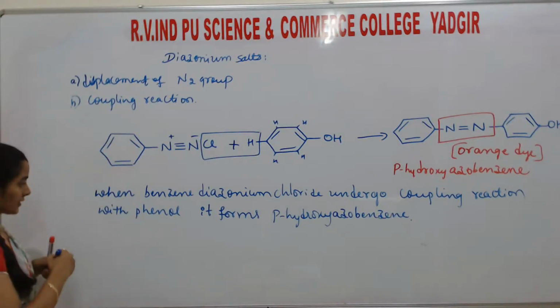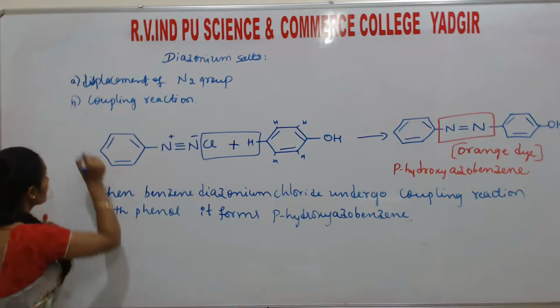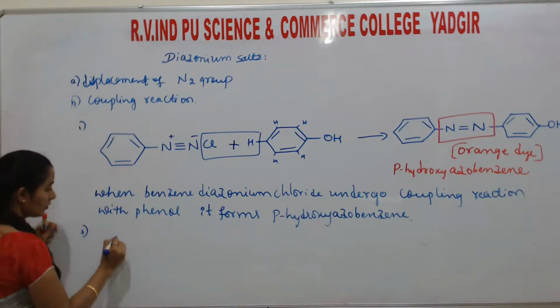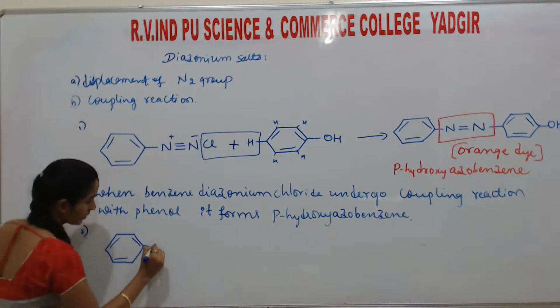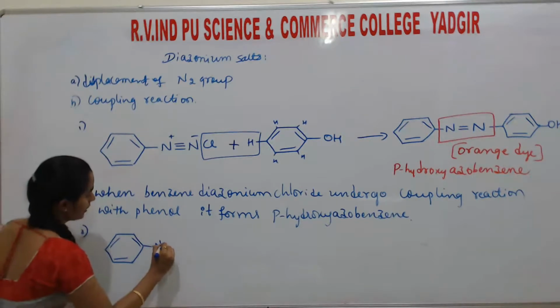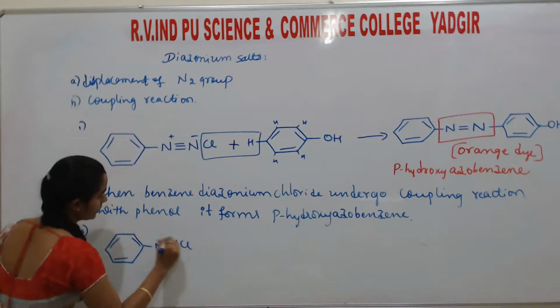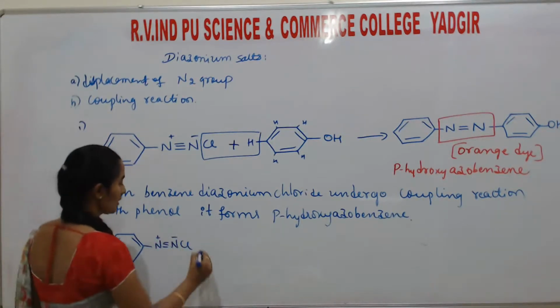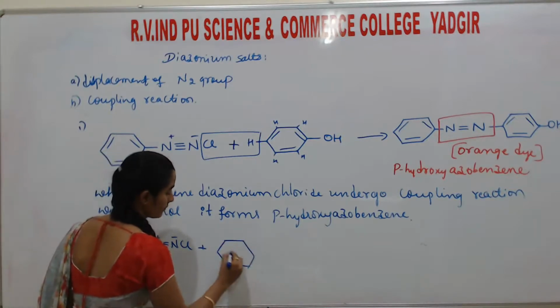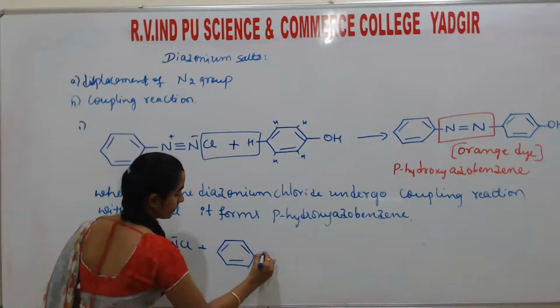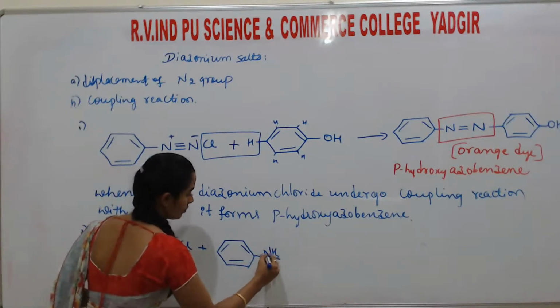Okay. So the next one is similarly. This is the first reaction. Another reaction is there. First I write the reactant, then you will come to know what is the product. Here it is N triple bond N Cl. This is plus. This is minus. With NH2.